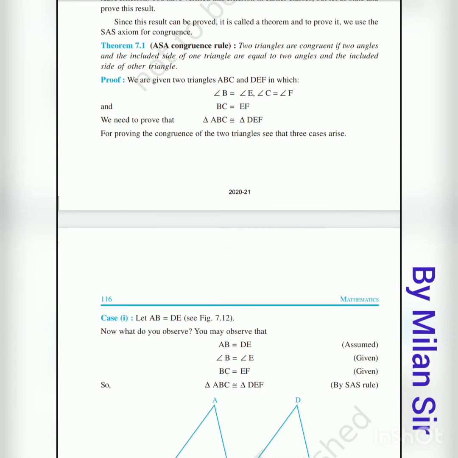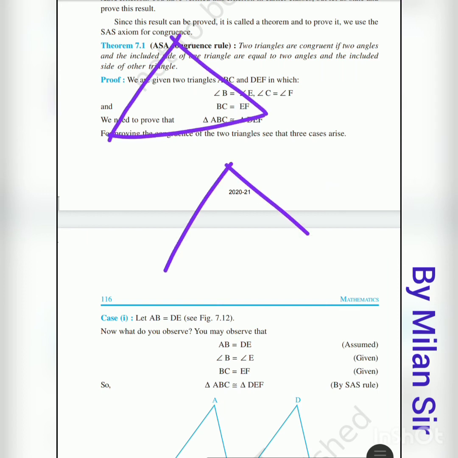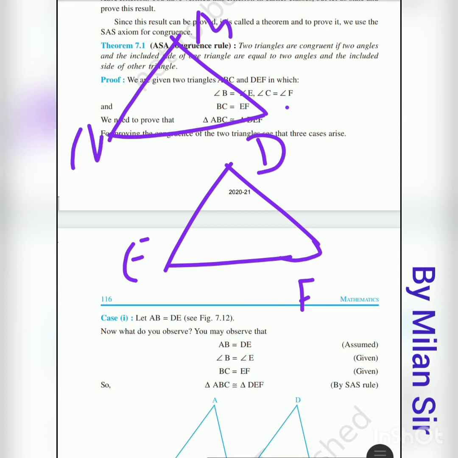Now let's take one example. Here we have one triangle DEF, and here MNO. Now angle M is, let's suppose, 30, here angle F is 30, here this is 60 degrees, here even this is 60 degrees, here we have measurement 5, and here even we have measurement 5.